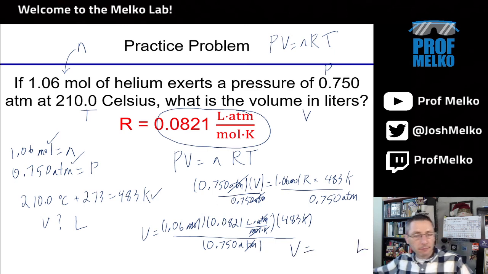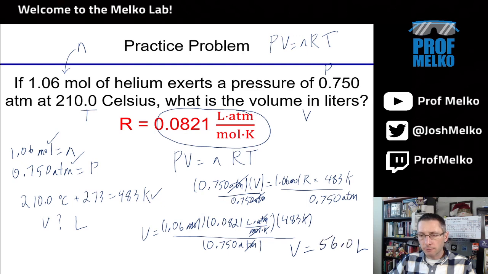So now I take all these numbers, 1.06 times 0.0821 times 483 divided by 0.75, and I get an answer at the end of 56.0 liters. And that should be my answer.